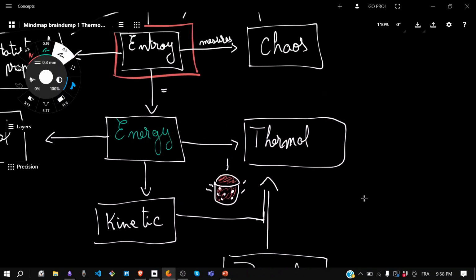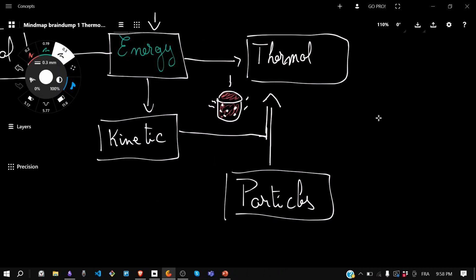I'm going to call thermal energy NU, which means not useful. It's very useful, but in the definition of it, you would call it not useful, which means basically that you cannot do work.